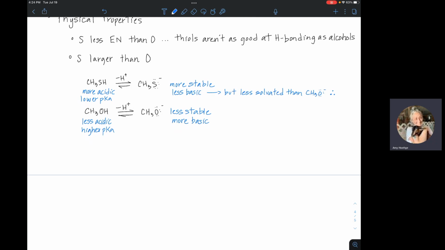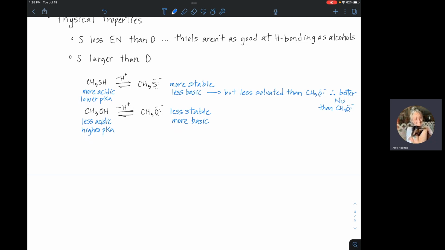And so it ends up being a better nucleophile. So your thiolate anion is going to be more nucleophilic and less basic.